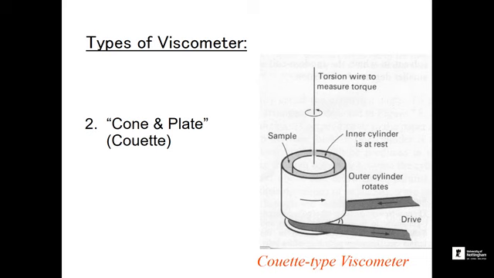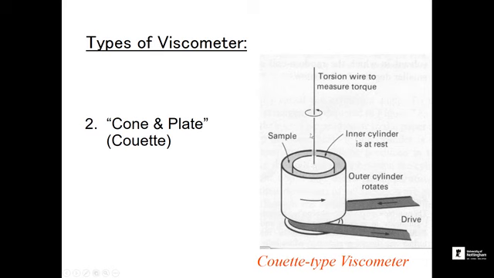There's a second type of viscometer called a cone and plate viscometer, where you have a fixed cylinder here, and then you have a rotating cylinder on the outside driven by this band system, and you put your liquid in between. Basically when this moves, it creates a torsion on this torsion wire, and this torsion is related to the viscosity of the liquid.